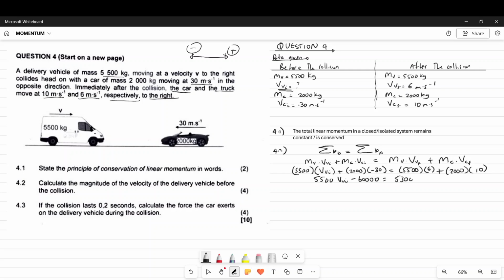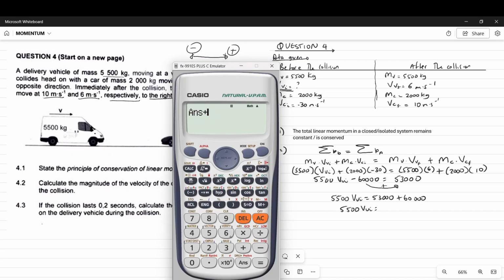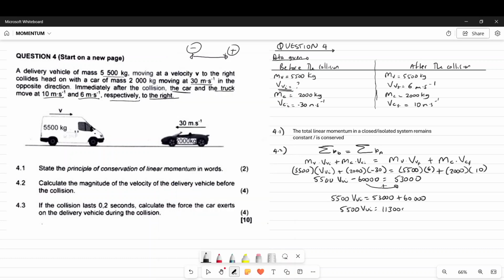So 53,000, and then we're going to transpose the 60,000 to this side, and it becomes positive. So now 5,500 v initial is equal to 53,000 plus 60,000, and let's add that together, which will give us 11,300.